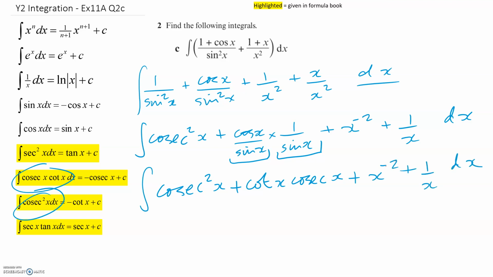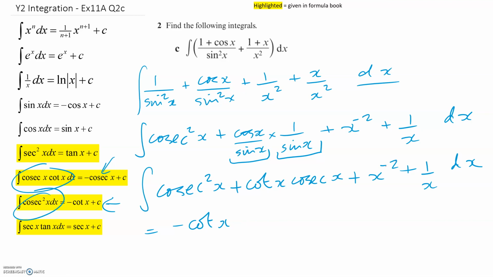All right, now we can integrate everything because we know how to. When we integrate cosec squared, we're going to get minus cot x from here. When we integrate cot x cosec x, we're going to get minus cosec. So I didn't need that plus.